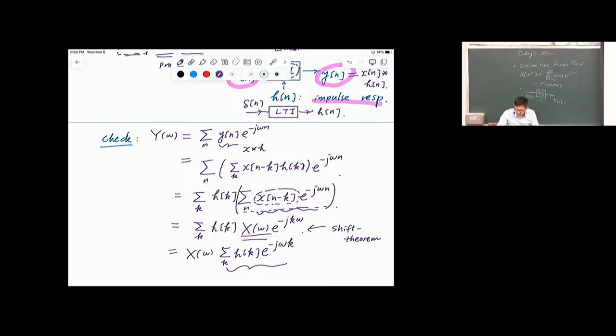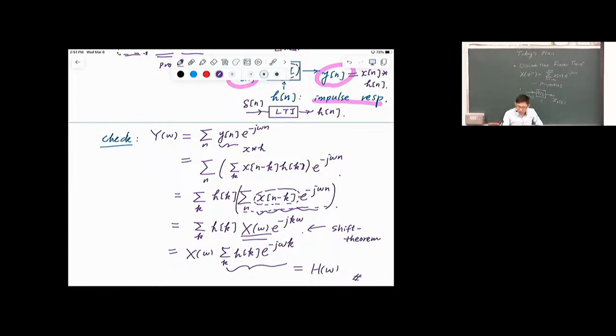This thing exactly equals H of omega. Sometimes my equal sign looks like three strokes to emphasize that this really is an identity. It's a kind of rhetoric, maybe I should refrain from using it. It's actually equal to H of omega, and that finishes our checking.